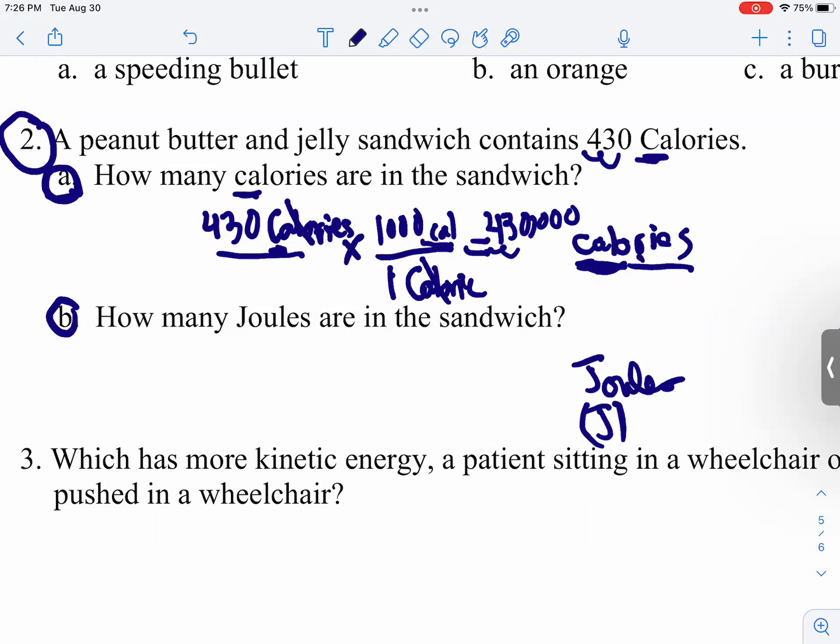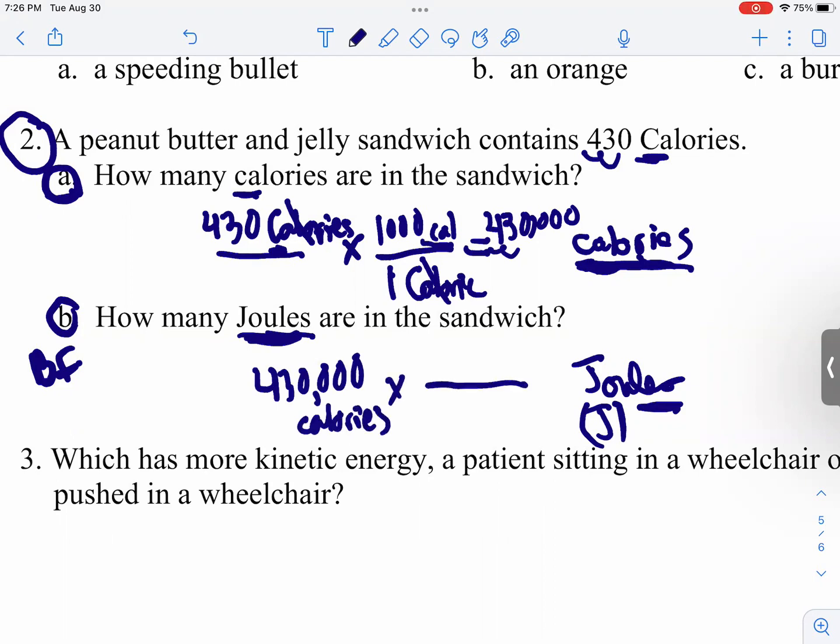So we already have this many calories, and we know that we have a conversion factor, our best friend, from calories to joules. You look at what you have, calories, you want joules. You know that you have a relationship between these two. I'm going to add my conversion factor here.